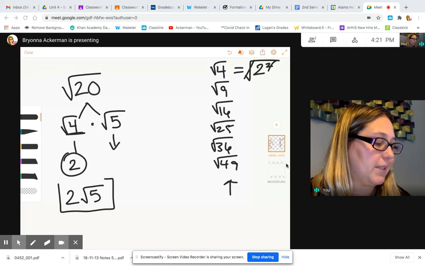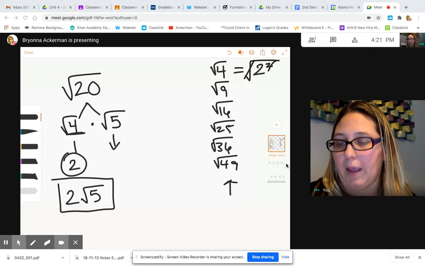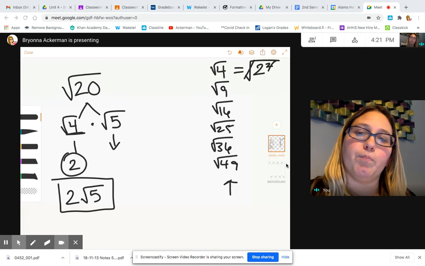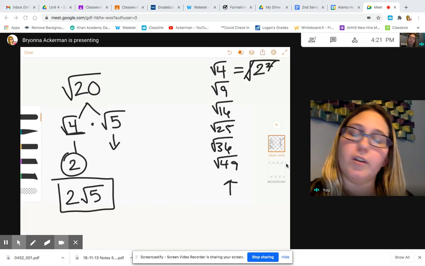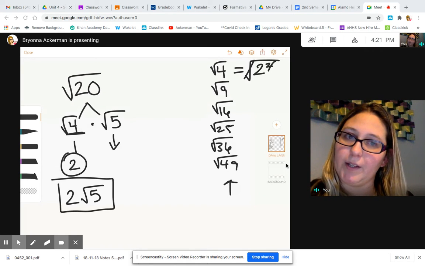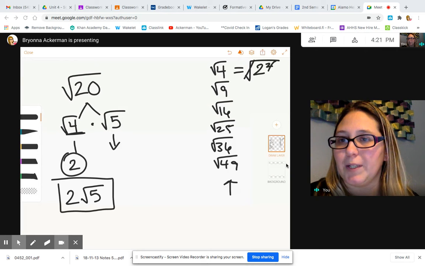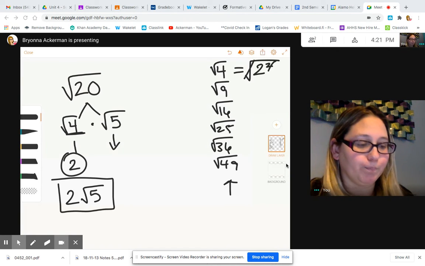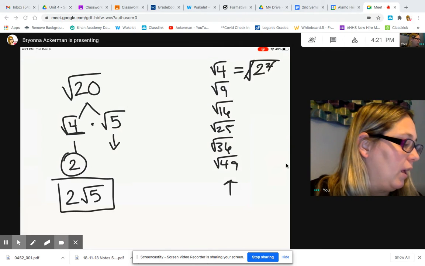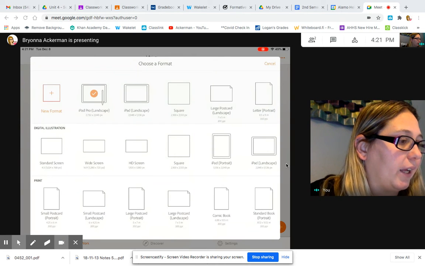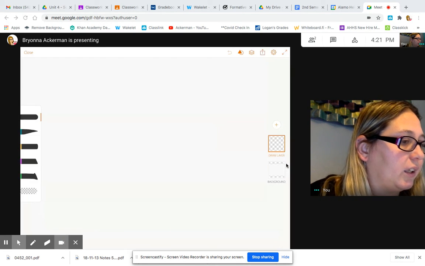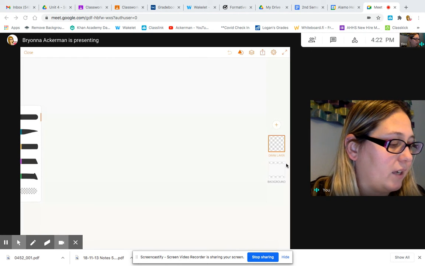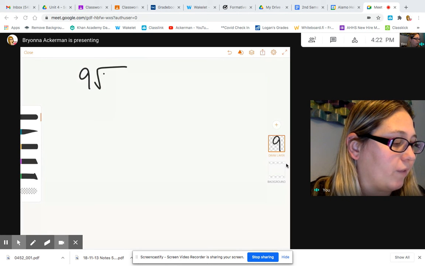This is how you simplify a radical. We didn't get a decimal. We took a square root that wasn't perfect, and we pulled one of the perfect ones out of it, and we simplified it. Let's try one that's a little bit harder: 9 times the square root of 45.